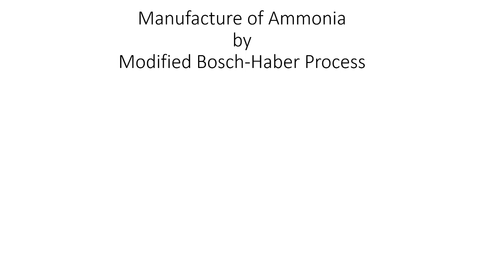In modified Bosch Haber process, the yield is 19%. So here we are going to discuss the actual manufacture of ammonia by modified Bosch Haber process. And here, the raw material, as I told you, is nitrogen and hydrogen.